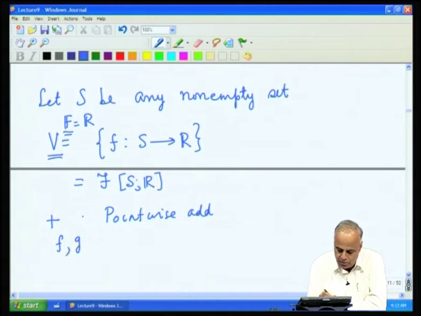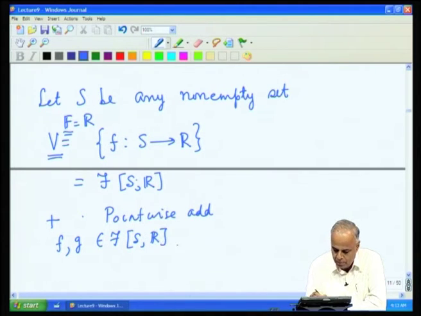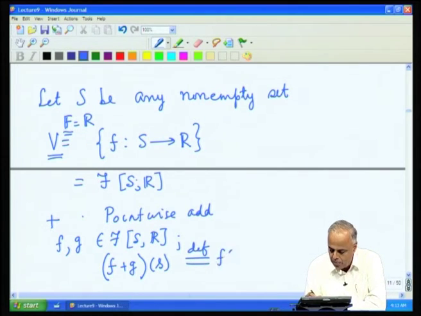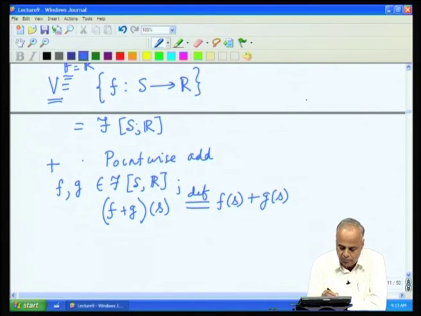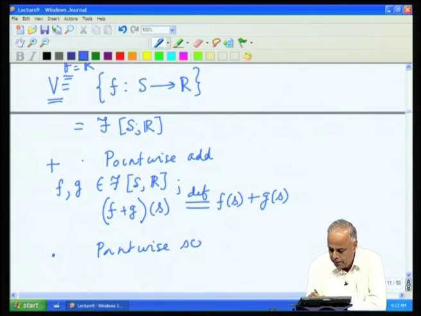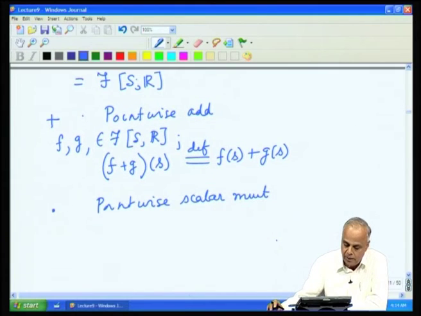So, what is the definition? If f and g belong to F(S,R), then f plus g, by definition, is the function whose value at any point s is defined to be the value of f at s plus the value of g at s. So, we have the addition operation, and we have the pointwise scalar multiplication. What does that mean?